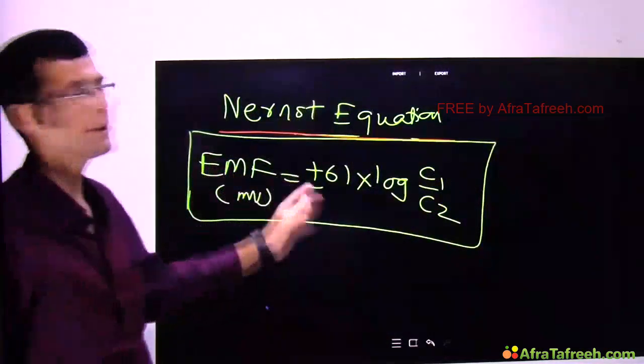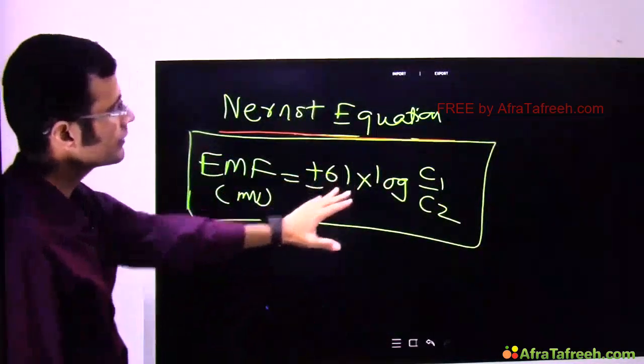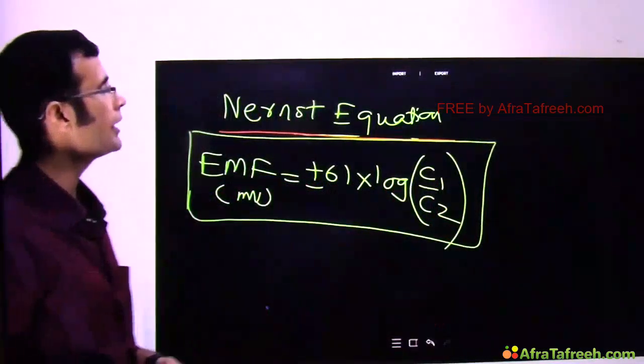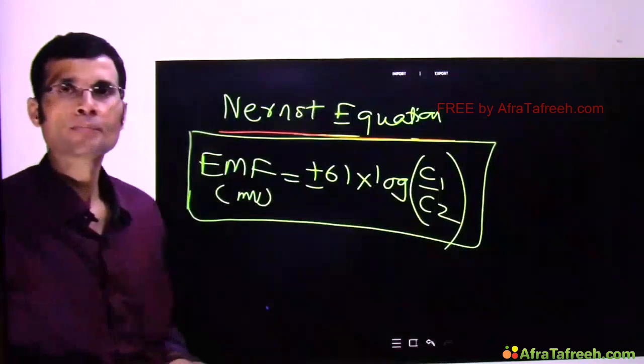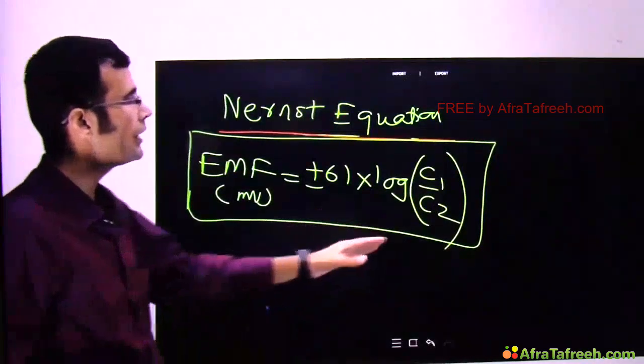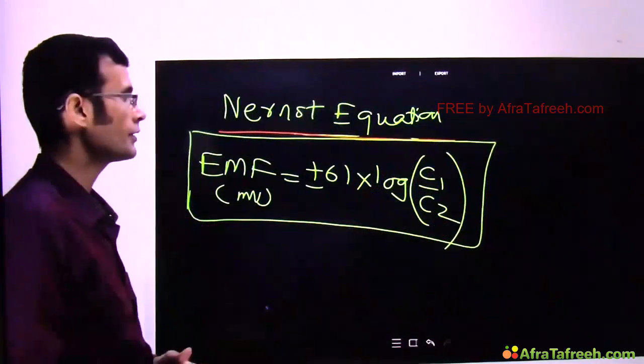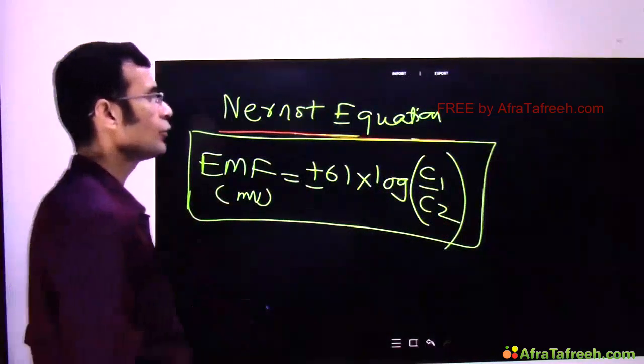Electromotive force, the EMF, and this is the equation. So basically, to calculate equilibrium potential for an ion, we need the concentrations of that ion inside and outside the cell. Let's consider the values for sodium.